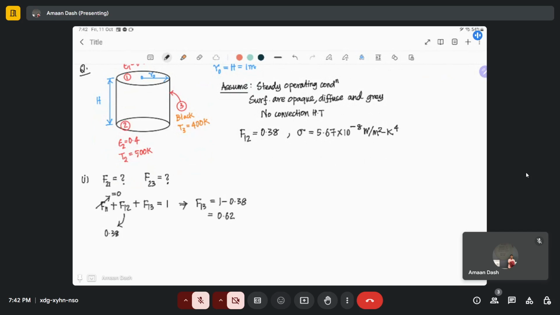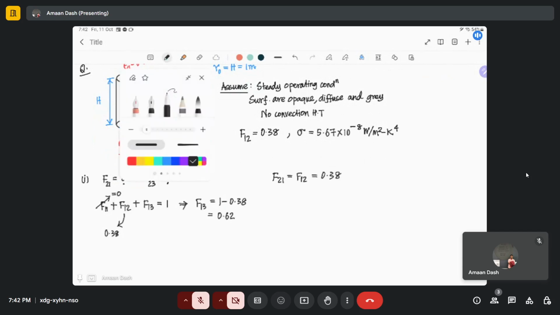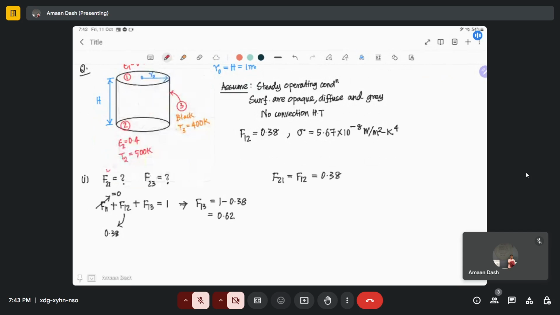So let me solve this question, because this is again a direct question. So we can write F11 plus F12 plus F13 is equal to 1, that is, the total fraction equal to 1.